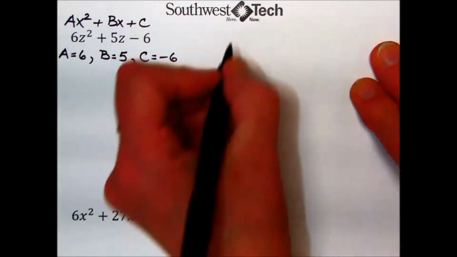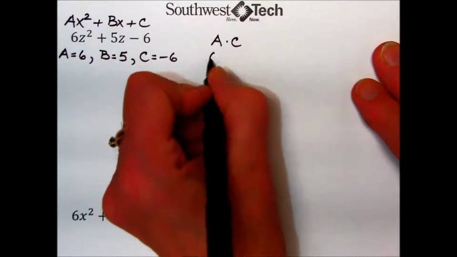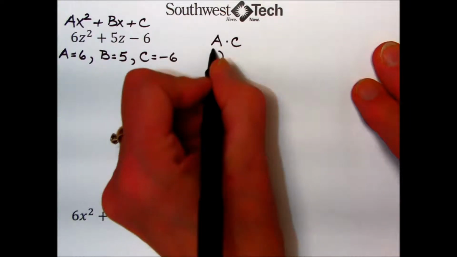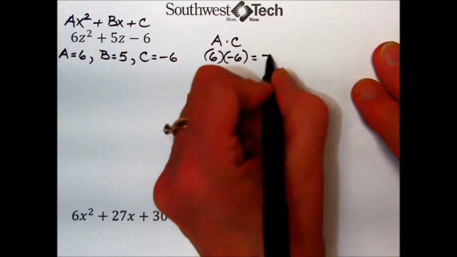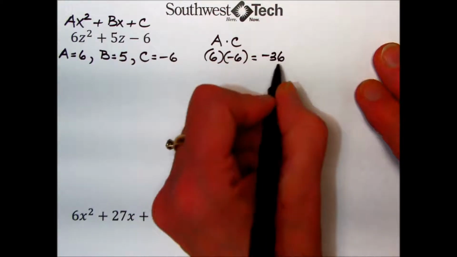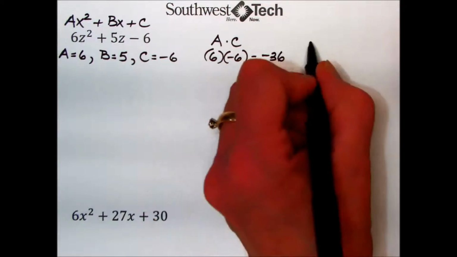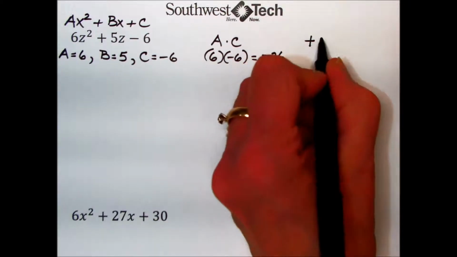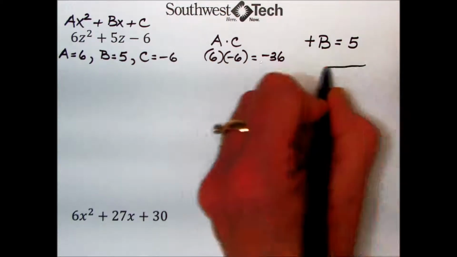My first step is to find what A times C is. So I'm going to take the 6 and multiply it by the negative 6 to give me a product of negative 36. I'm looking for two numbers that multiply to give me negative 36 and then add up to equal B, which is equal to 5.